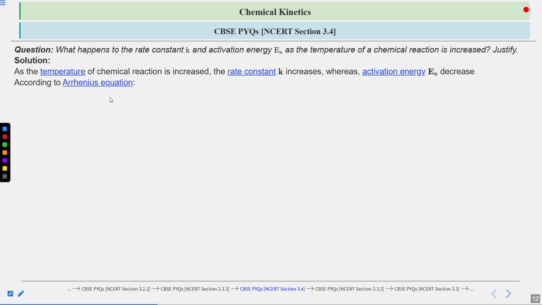According to the Arrhenius equation. So we define this according to the Arrhenius equation, because the Arrhenius equation gives the temperature dependence, or effect of temperature, on the rate of the reaction.